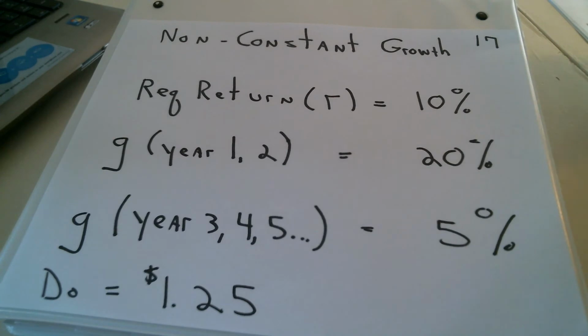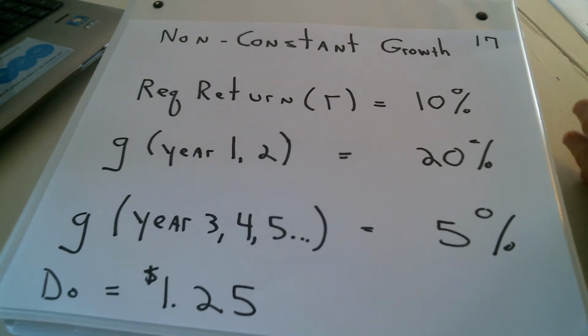and then it sort of pares down to a slower growth in the subsequent years. But we still have to use another type of model if we want to figure out the price of stock today, or at any given time for that matter. But again, we're using P0, if you will.